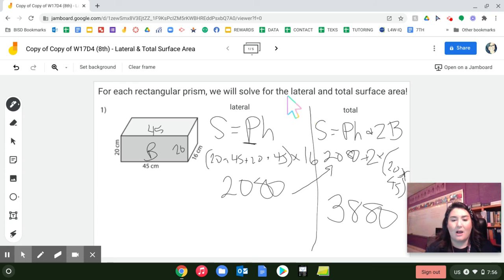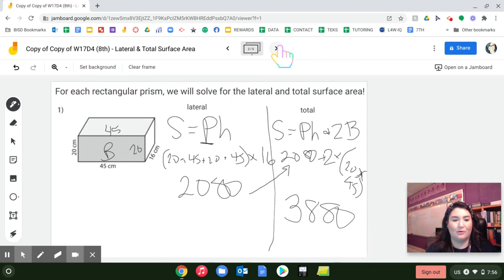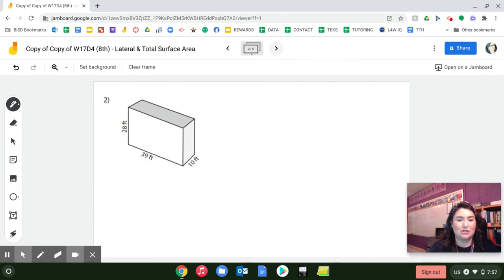Okay, I'm going to go ahead and do one more example. So number 2, remember I'm going to pick the base that is shaded. So I'm going to call that the base. We don't have any numbers around the base, but just like we did earlier, we know that this line here is congruent to this line here.